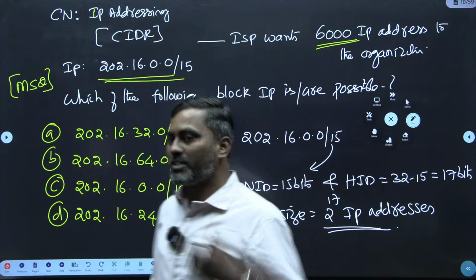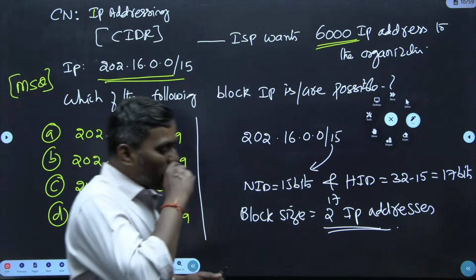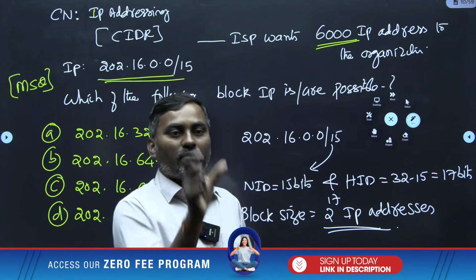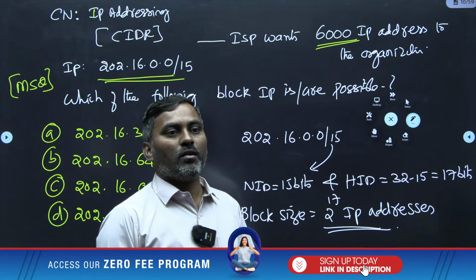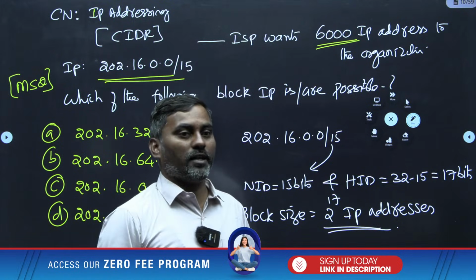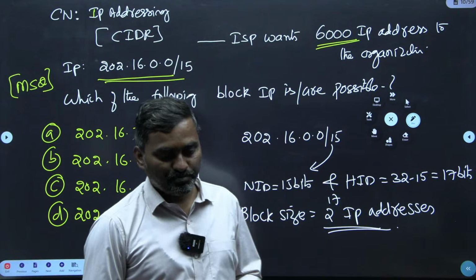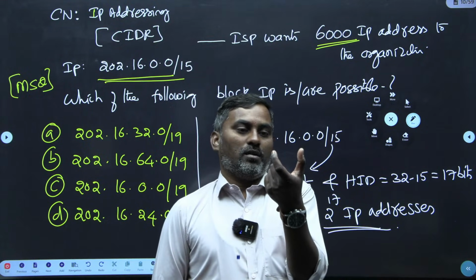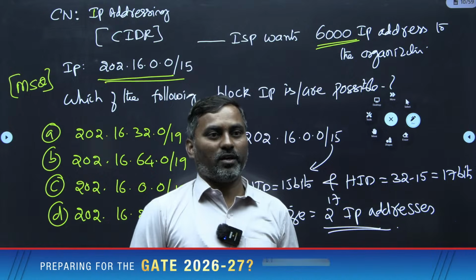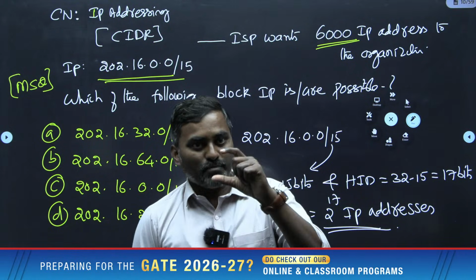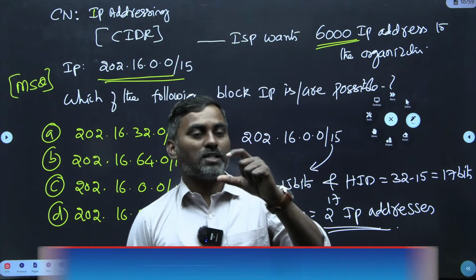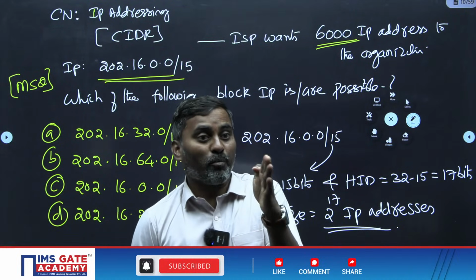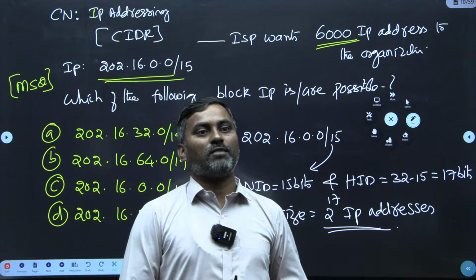Whatever set of IP addresses you give to an organization, you always have to take it block-wise. The CIDR rules are there, if you know them. Consecutive IP addresses you have to take always. The block size must be a power of 2. And the first IP address taken from the block must be divisible by the total size of the block.